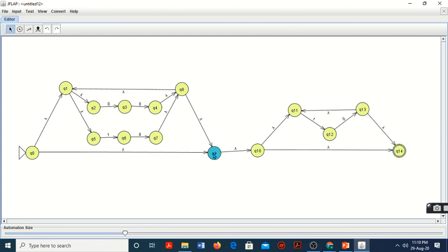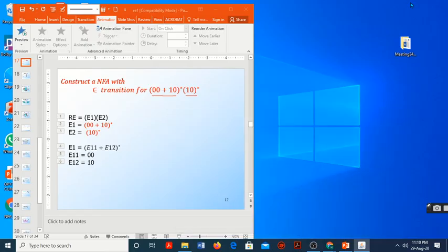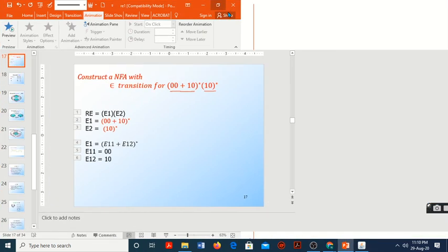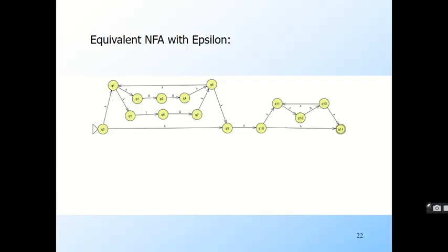So this is how a given regular expression can be converted into an NFA with epsilon transitions. So we have the regular expression with epsilon transitions as the concatenation of regular expression 1, which is (00 or 10) the whole star, followed by (10) the whole star.